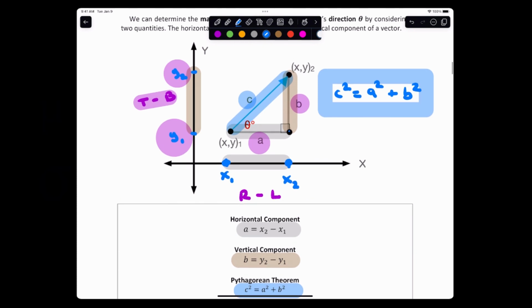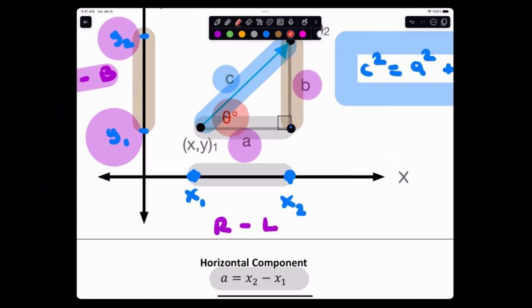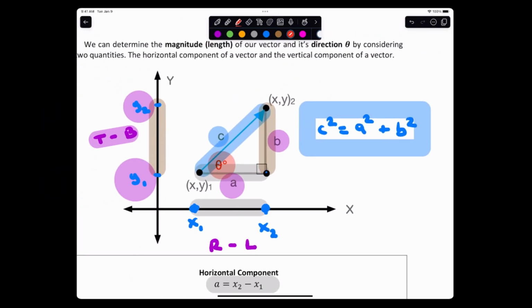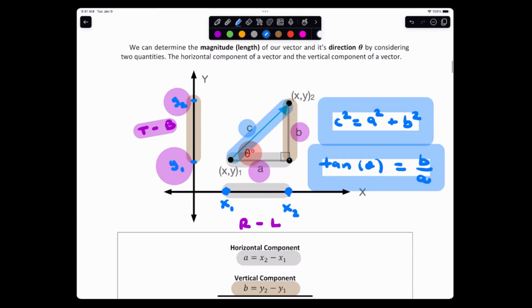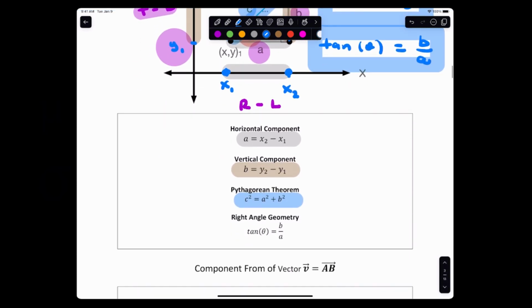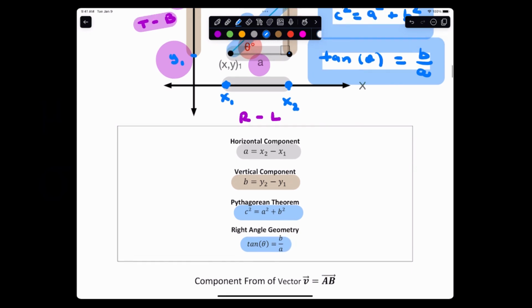How do we find this angle theta? You guys should know. What's the relationship in a right triangle? What do you guys know about theta? What's the definition here of tangent? Do you guys remember? Tangent theta will be what? B over what? A. Tangent theta, B over A. So notice this.